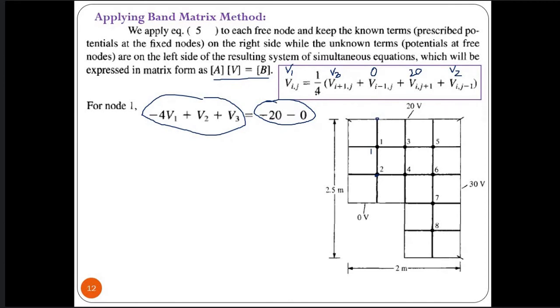So from this equation we can write: 4V1, if you move it to the right hand side, it becomes minus 4V1, plus V2, plus V3. What about the right hand side? This is 20 and 0, so it will be minus 20, minus 0.